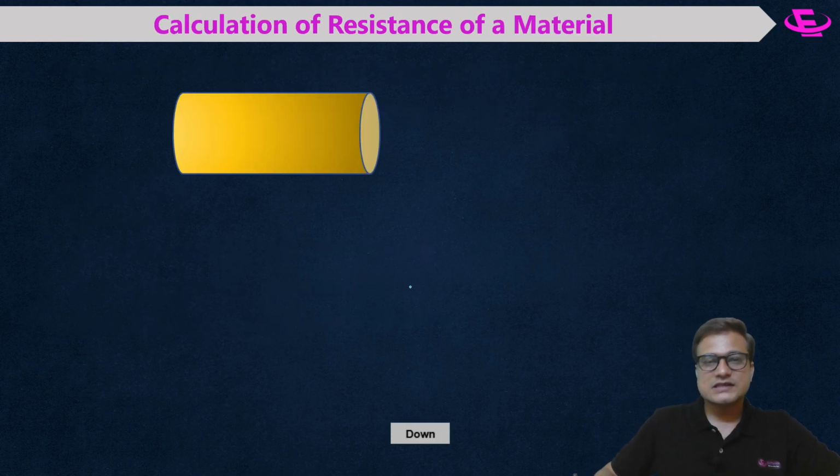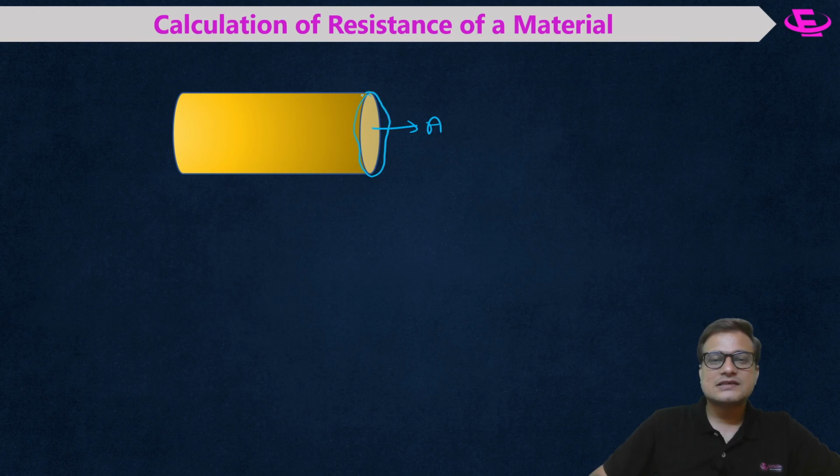What is the cross sectional area? You can see this figure. This is A. This part is nothing but a circle. It will have some radius. So now you can find A equals pi r square. Or if somebody has given the diameter, then you can say pi d square divided by 4.